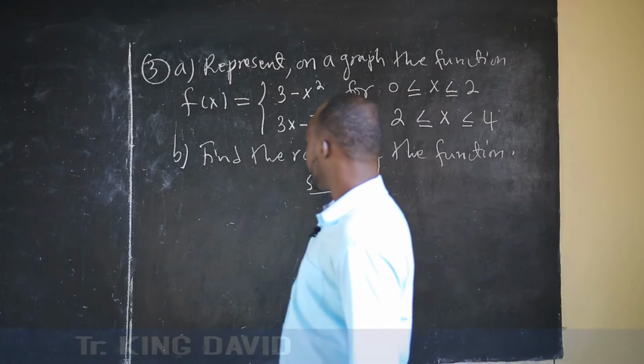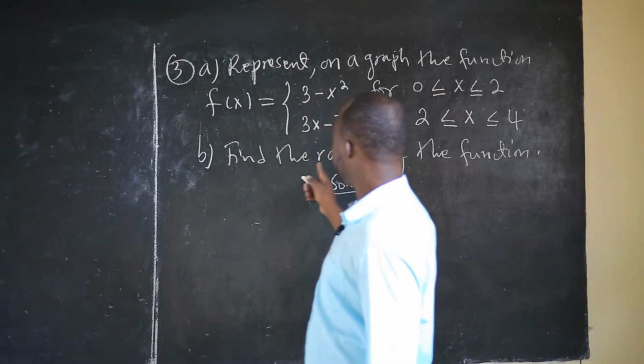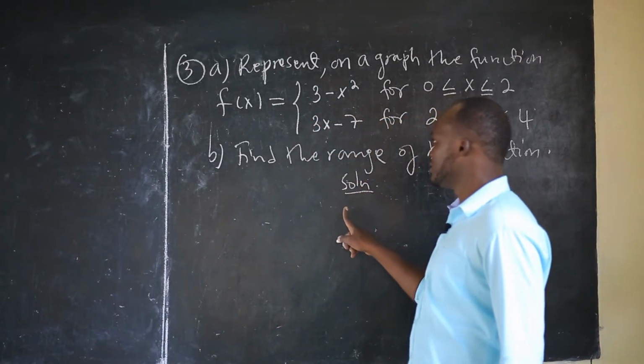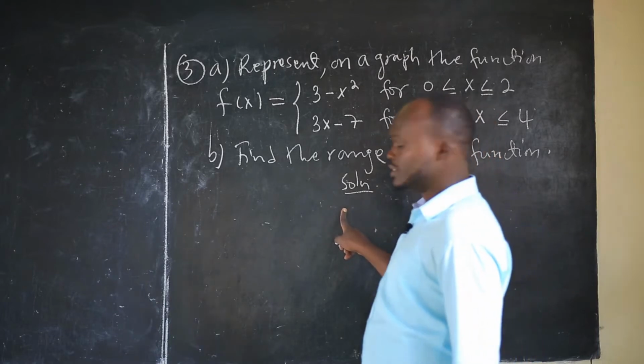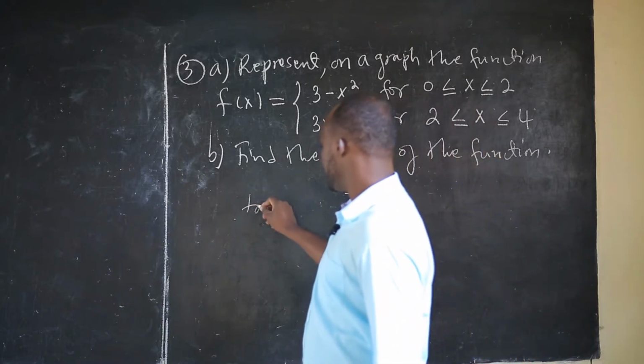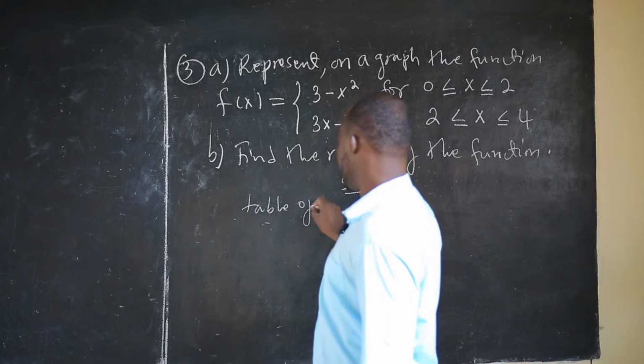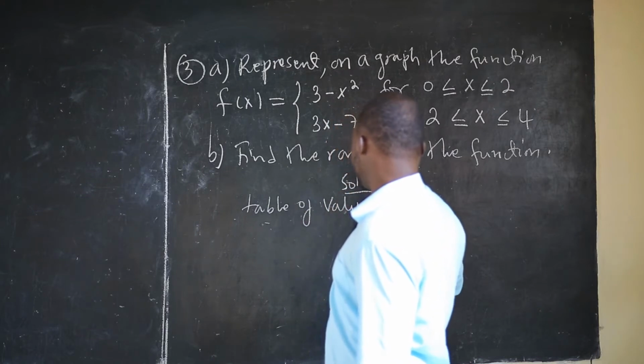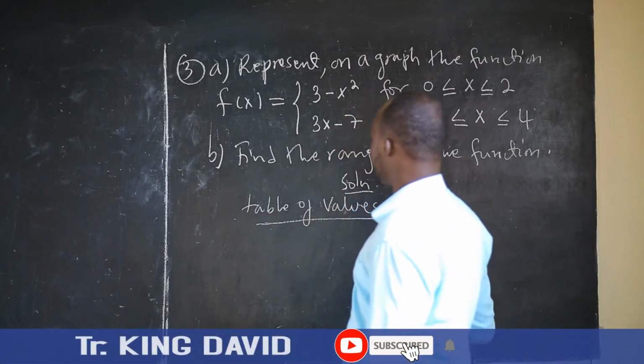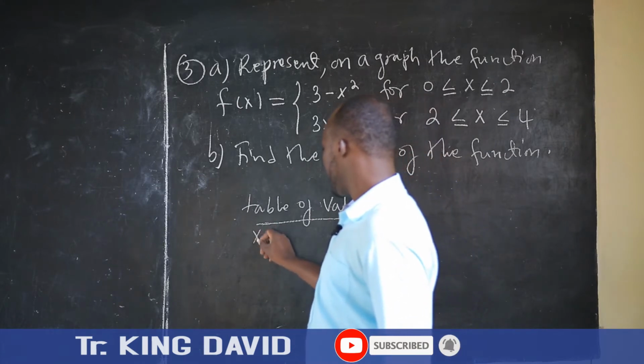The only thing that can help us to make it clear is a table of values. Let me make a table of values, because we have a function that contains 2 functions. So for the table of values, I have x and y.